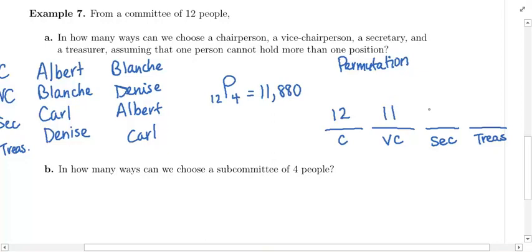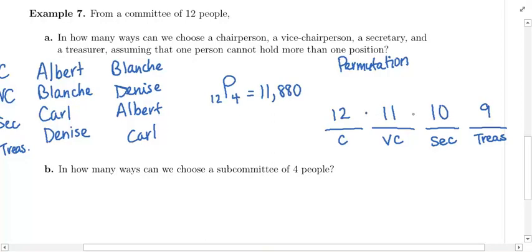And then once those 2 positions are filled, you go on to the secretary. So you can't choose the person who's chairperson, and you can't choose the person who's vice chair. So that leaves 10 people to be the secretary. And then finally, you get to the treasurer, 3 of the spots are already occupied. You have 9 people remaining to choose from to be the treasurer.